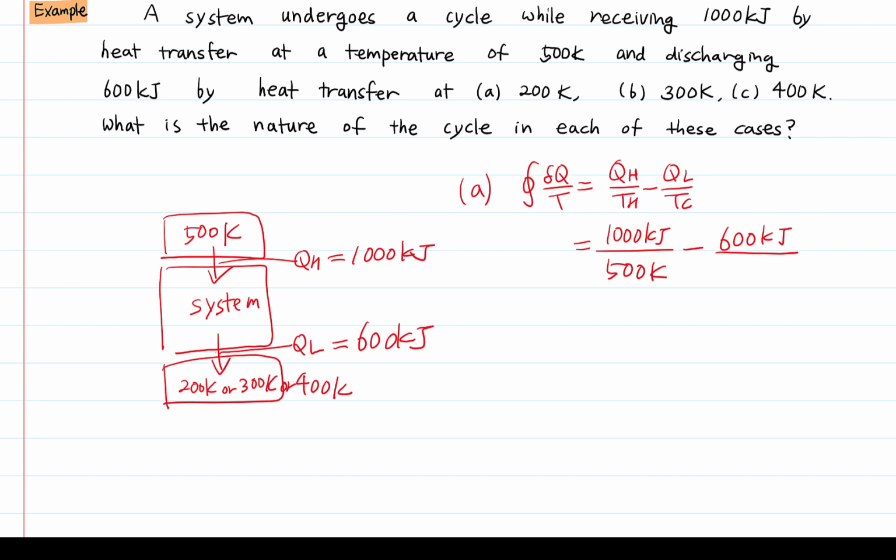So case A, the temperature of the low temperature reservoir is 200 Kelvin. So this value is negative 1 kilojoule per Kelvin. Case B, the cyclic integration of delta Q over T is also QH over TH minus QL over TC.